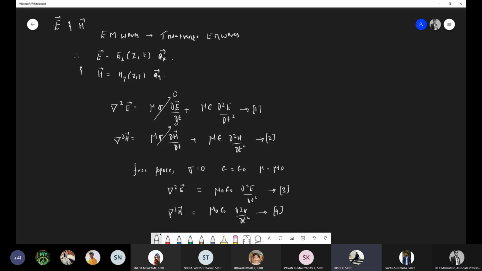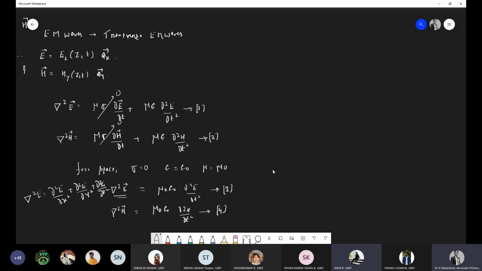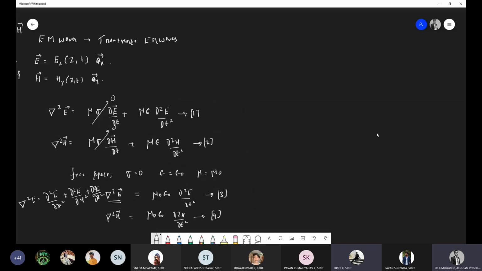Okay. So I could write this left hand side, del square E. So what is del square E, guys? Based on your Laplace equation, del square E will be equal to dou square E by dou x square plus dou square E by dou y square plus dou square E by dou z square, right? So what is a del operator, if you have forgotten?